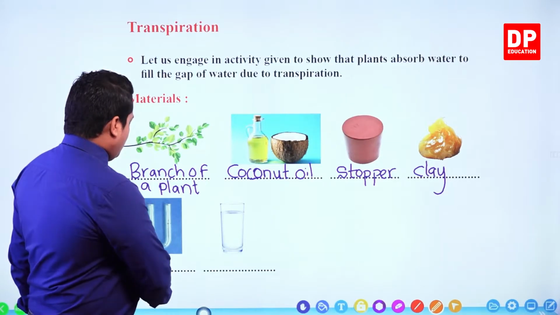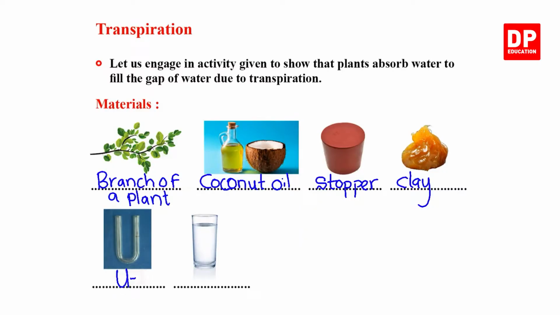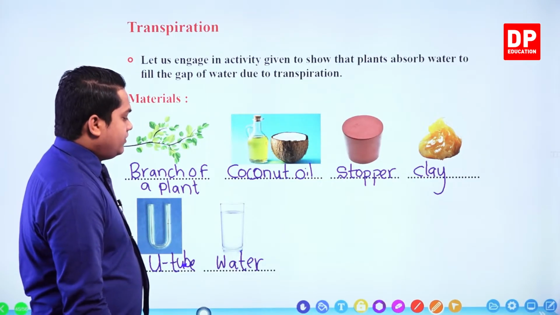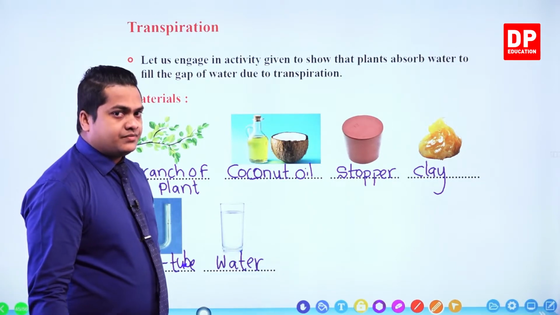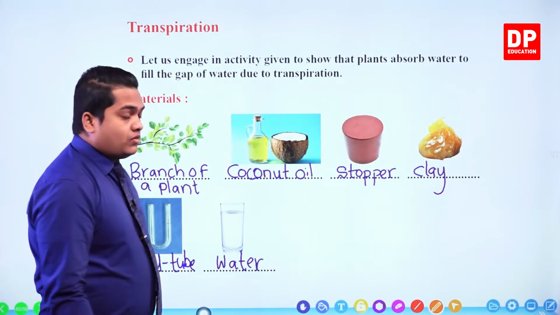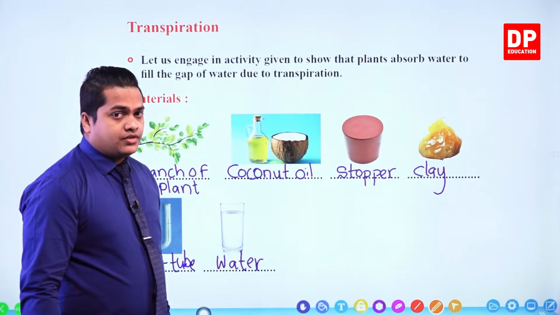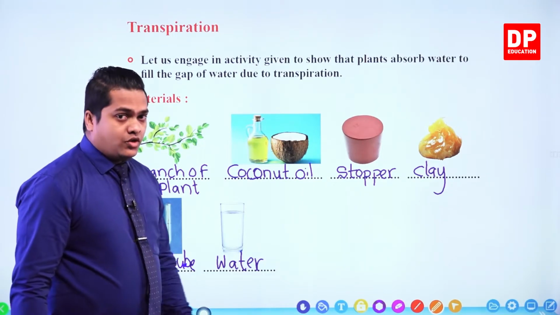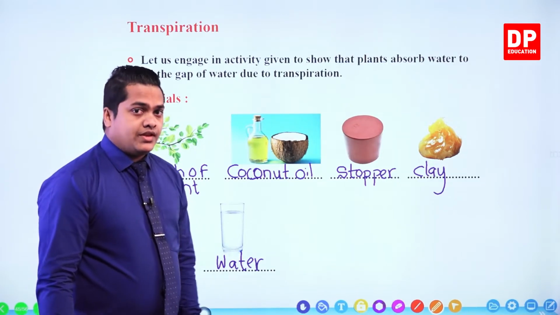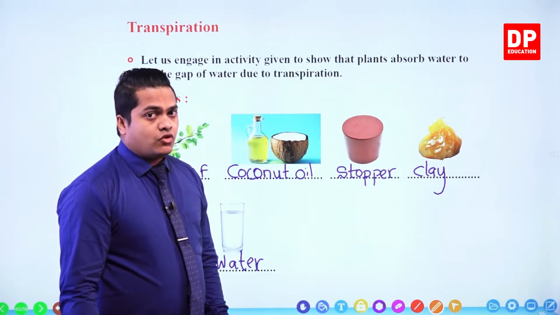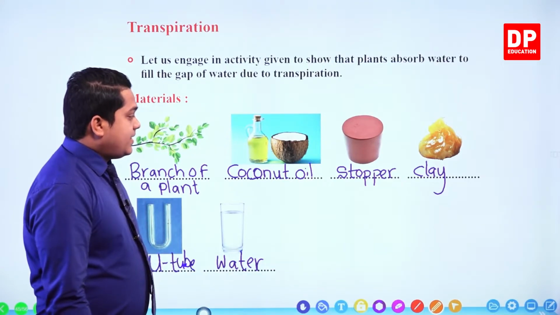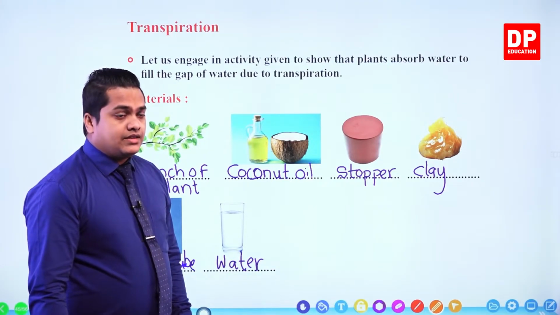Then a U-tube, and obviously some water. Actually, a beaker is not important because we are using the U-tube. Water should be there, right? We need to have some water. So these are the materials that we need, my dear children, in conducting this activity.